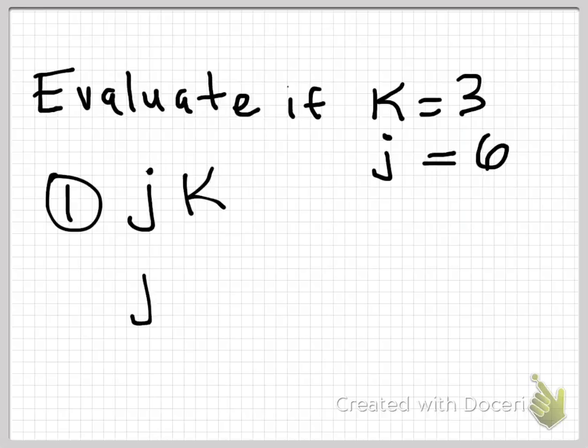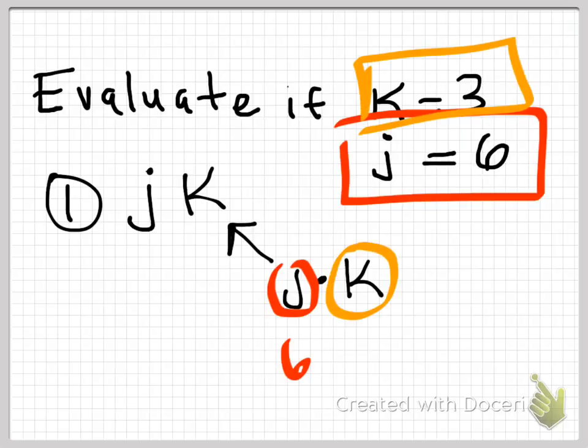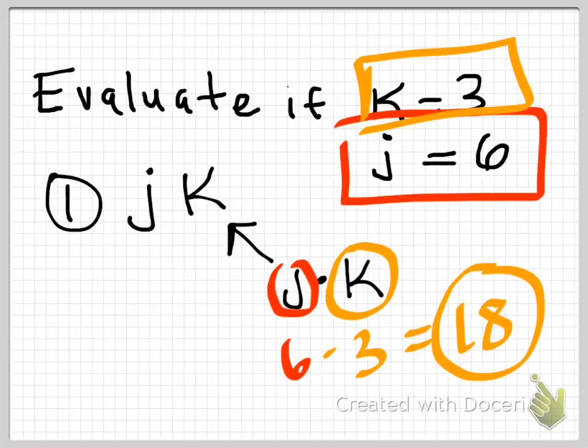This means J times K. Well, what's J? J is 6. So I'm going to put 6 instead of a J. And what's K? K is 3. So 6 times 3 equals 18. So my answer is 18.